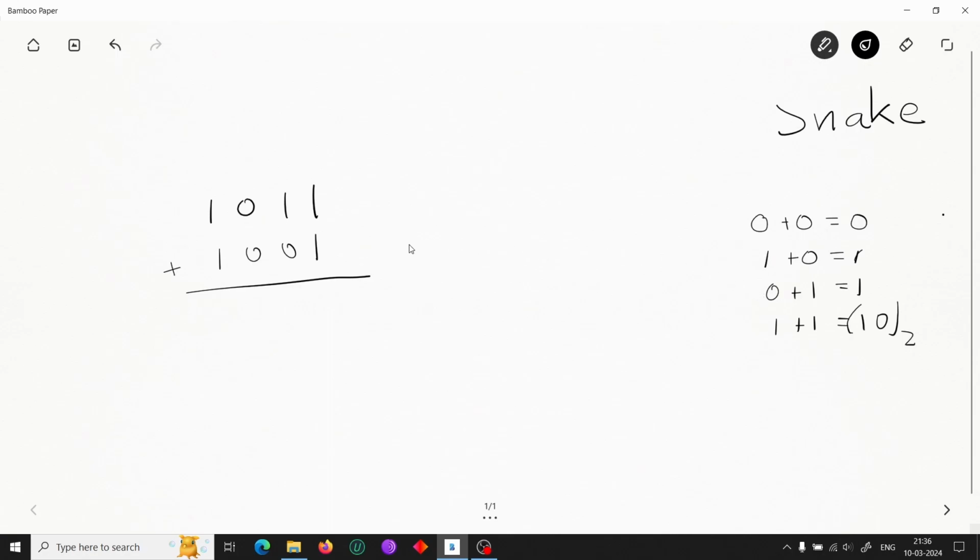That would be 1 plus 1, that would give us 10 here, so 0 goes here and the carry goes to the top, and in the tens place here this would be 1 plus 1, that would again give us 10, and then in the hundreds place there is only 1 remaining here, so it will become 1, and finally in the thousands place it is 1 plus 1, that would basically mean 10. And this is how you do binary addition.